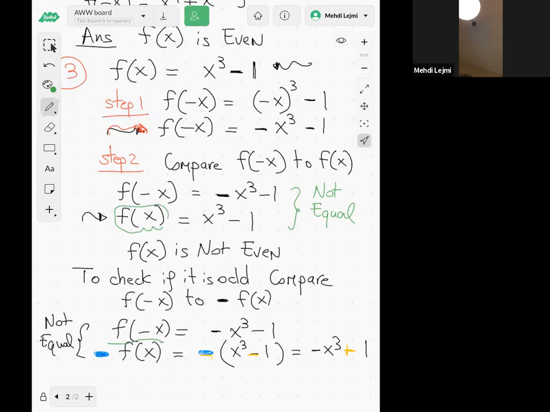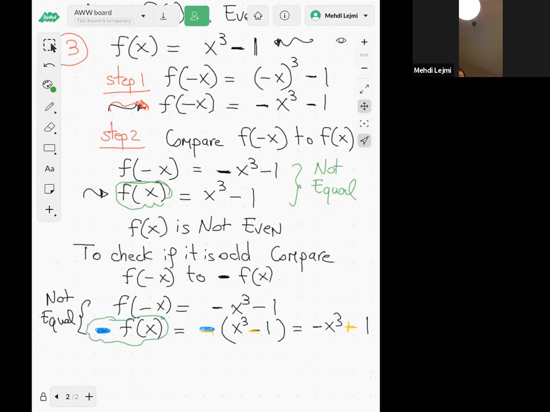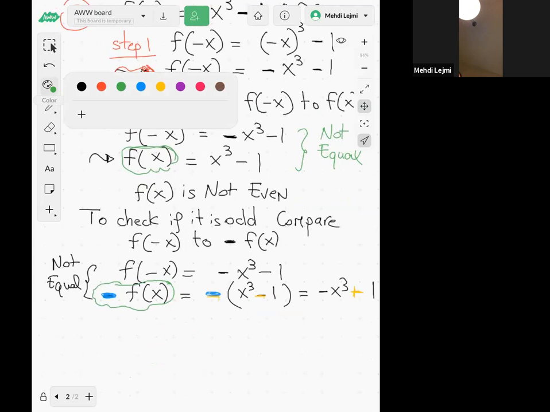To check if it's even, we compare to f of x. To check if it's odd, we compare to minus f of x. Okay, that's the difference, right? So they are not equal. So f of x is not odd.